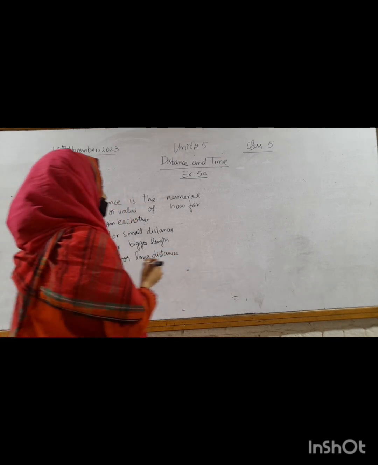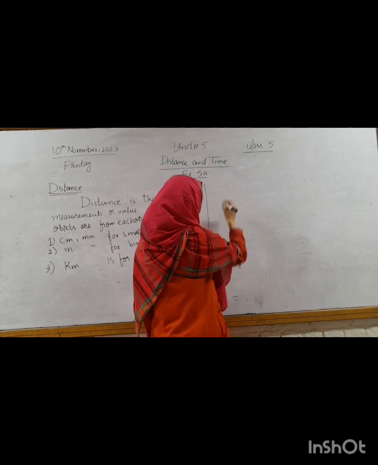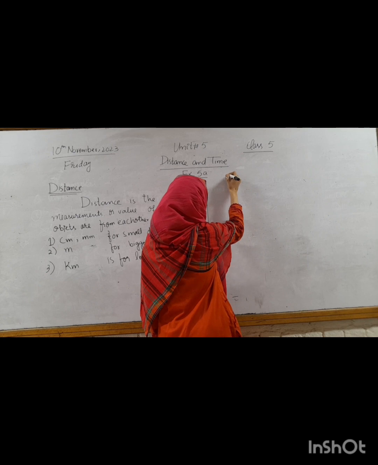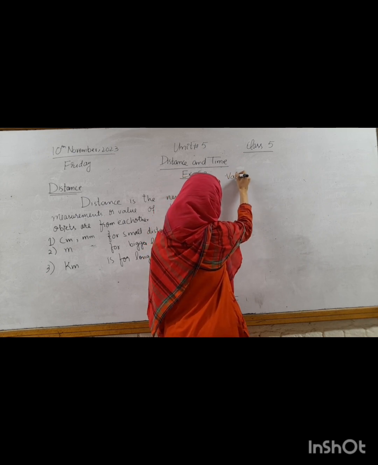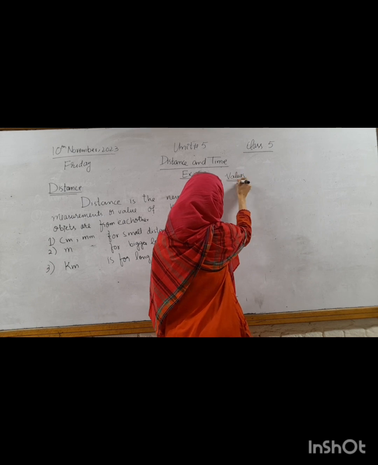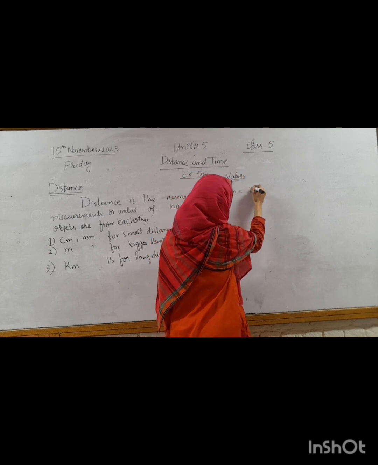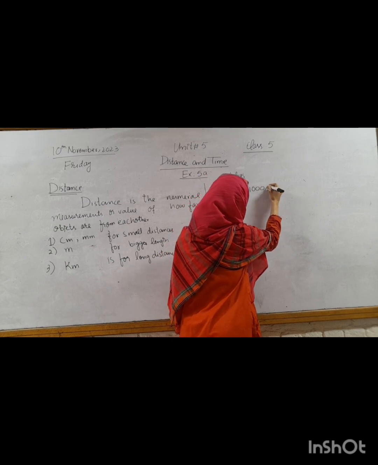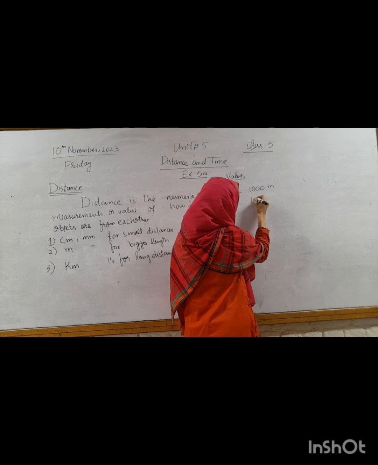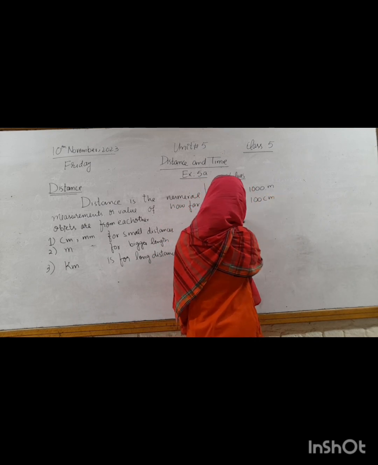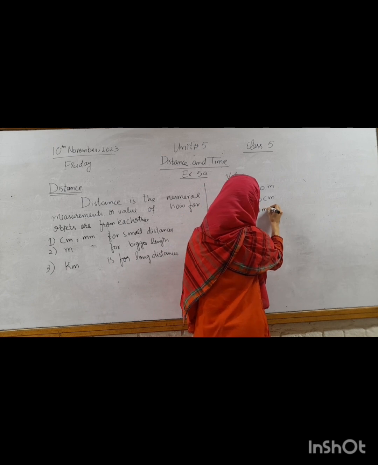We have different values for length. One kilometer is equal to 1000 meter and 1 meter is equal to 100 centimeter and 1 centimeter is equal to 10 millimeter.